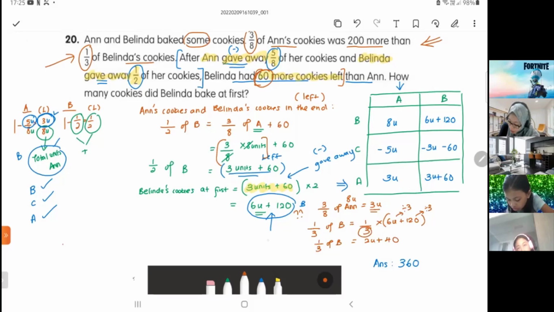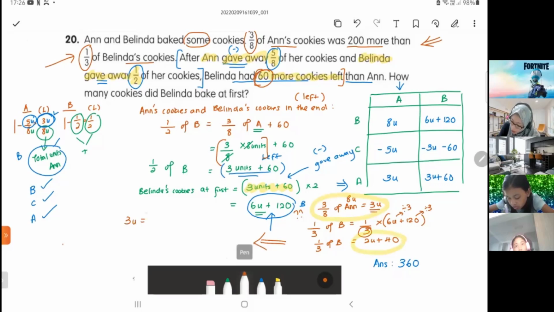Okay, now I'm going to go this side, no space. Now we have established that, remember, 3/8 of N cookies was 200 more. So we're going to write down, remember 3/8 of N is this portion here. Okay, so that is 3 unit is equal to 200 more than 1/3. Do I know 1/3 of Belinda? I know it's this one.